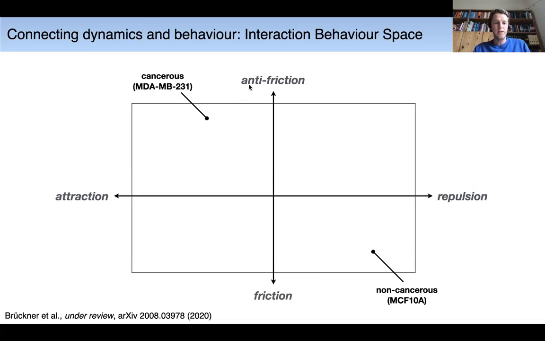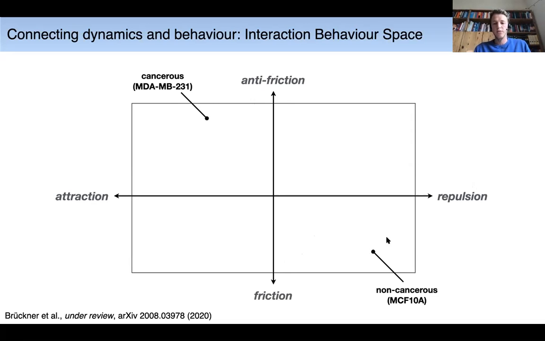And based on our inference, we already know that the cancerous cells should be somewhere up here where we have a combination of anti-friction and attraction, and the non-cancerous cells down here where we have repulsion and friction. But now we wanted to extrapolate beyond these two data points that we sampled in our experiments.